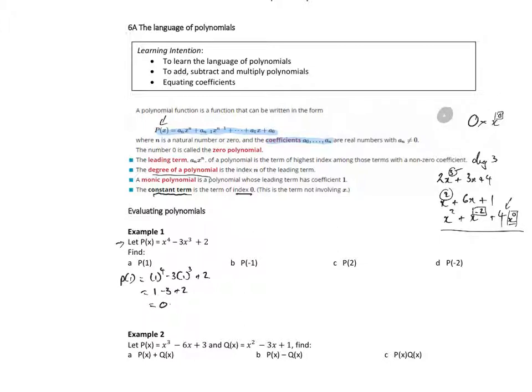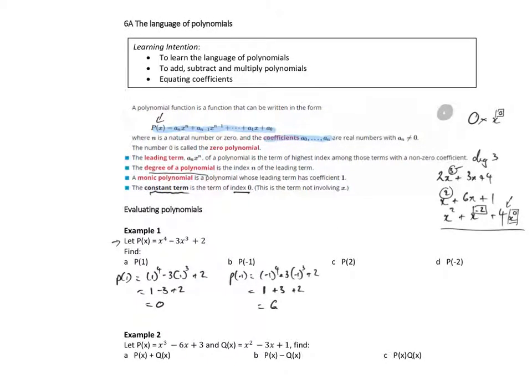For p of negative 1, substitute negative 1 in: negative 1 to the power of 4 minus 3 times negative 1 cubed plus 2. Negative 1 to the 4 is positive 1. Negative 1 cubed is negative 1, times negative 3 is positive 3, plus 2, which happens to be 6. So it's just evaluating our functions in the same way.